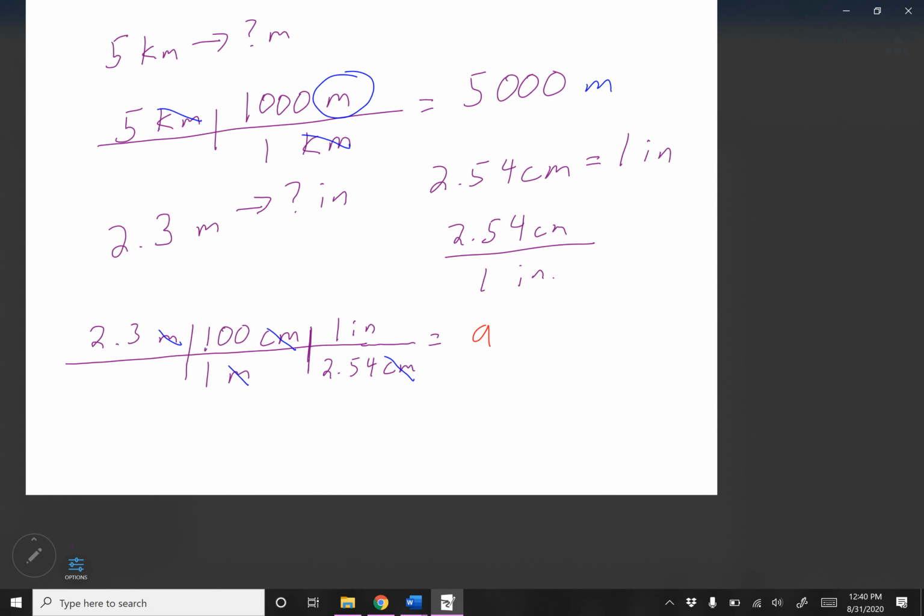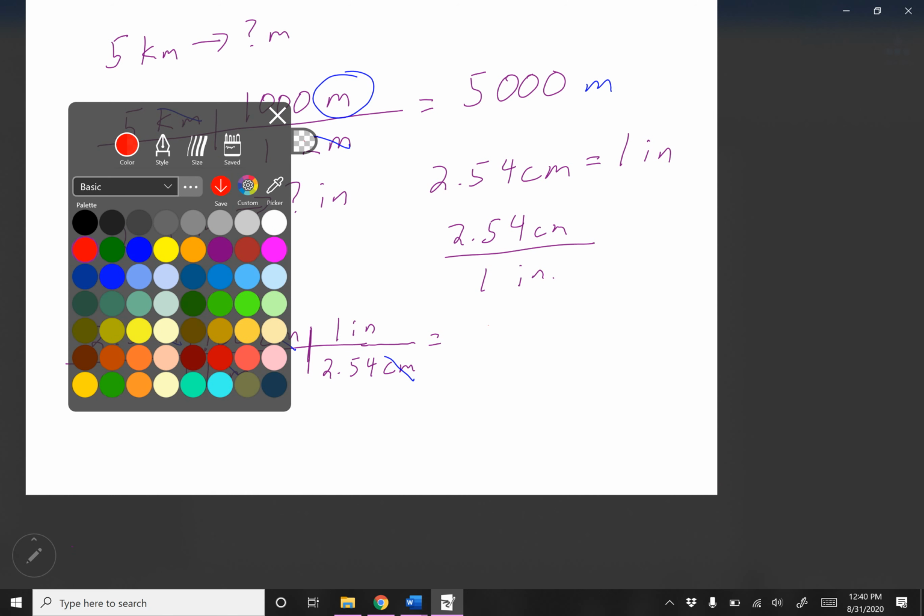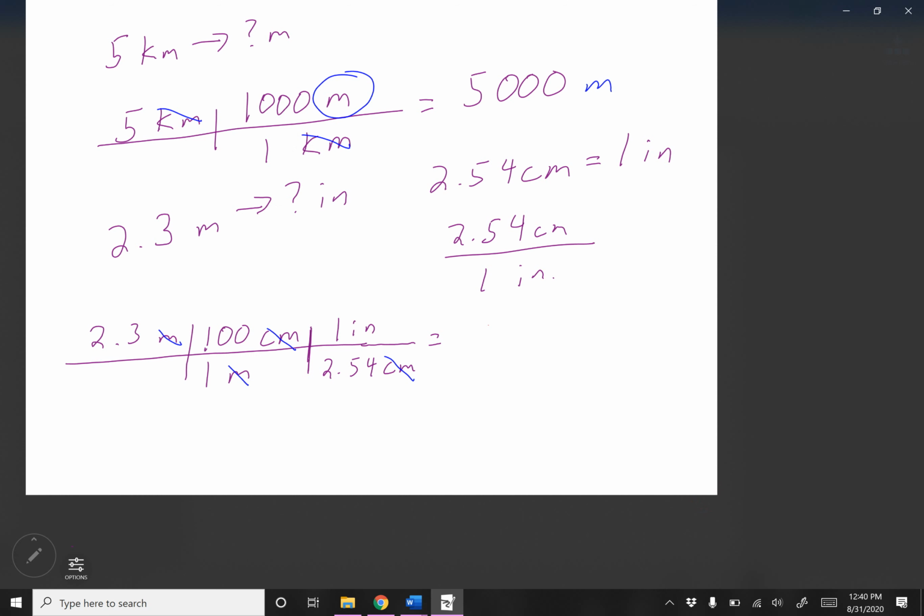And this gives me, sorry, I won't write that in red. I'll grab a different color. My answer here would be 90.5511. Then, to use correct sig figs, it only gave me 2 in the beginning.